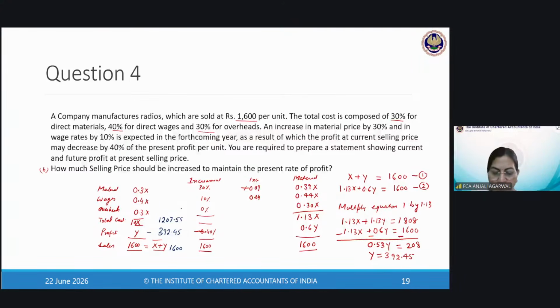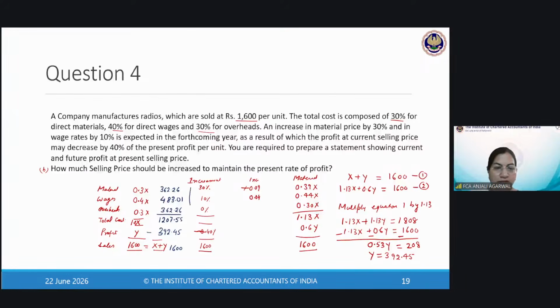Now, 0.3 of this is how much? Your overheads cost was 362.26 and your raw material price was also 362.26, whereas wages were 483.01.